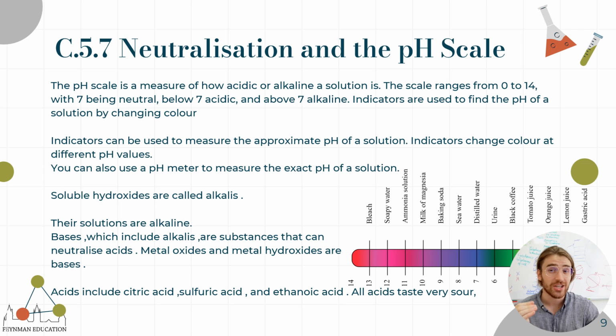But if we want an accurate number, then we're going to use a pH meter. This pH meter is a long tube with a little glass ball on the end. And what's going to happen is you put that into your solution and it will give you the exact pH to the decimal point. Okay, whereas you can also use the pH indicator papers, but they're a bit less accurate.